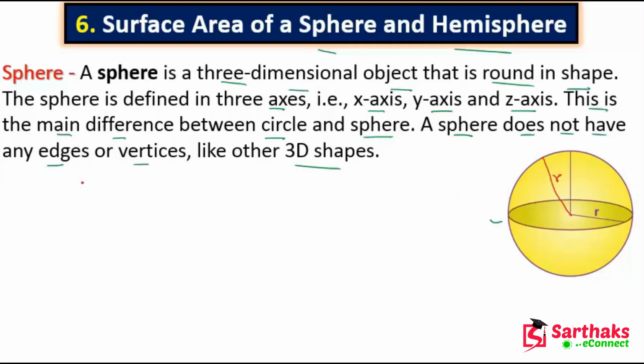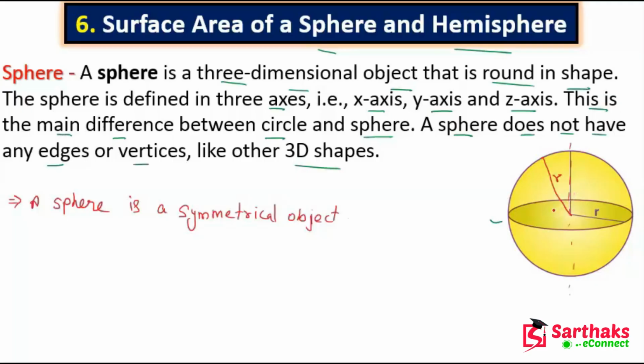Now we can say that a sphere is a symmetrical object. It means if we cut the sphere through the center, it is divided into two equal parts.